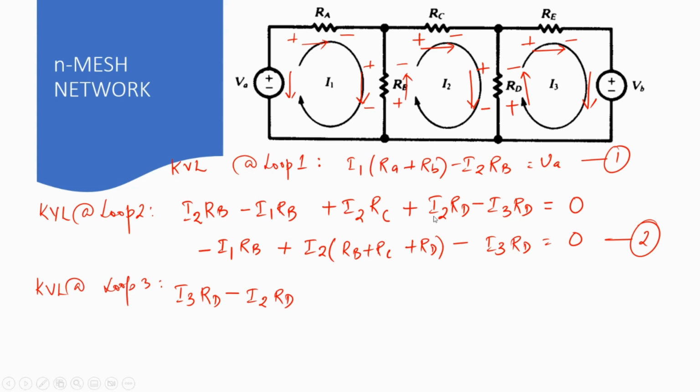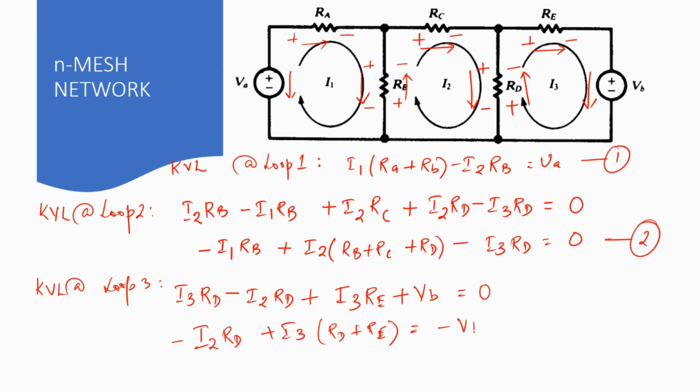Then we'll have plus I3 RE plus VB is equal to 0. If I keep I2 first, minus I2 RD plus I3 (RD plus RE) is equal to minus VB. So this becomes my third KVL equation.